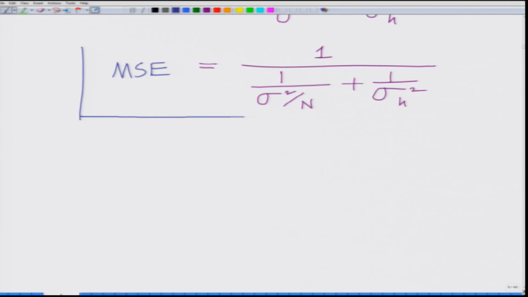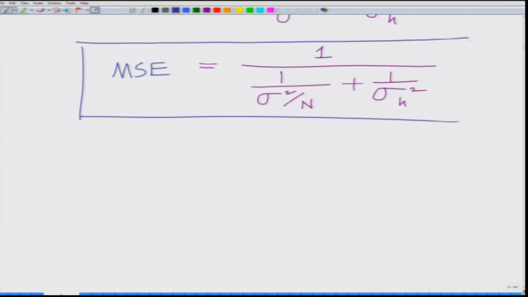This is the expression for the mean squared error, which is defined as expected value of h hat minus h whole square.